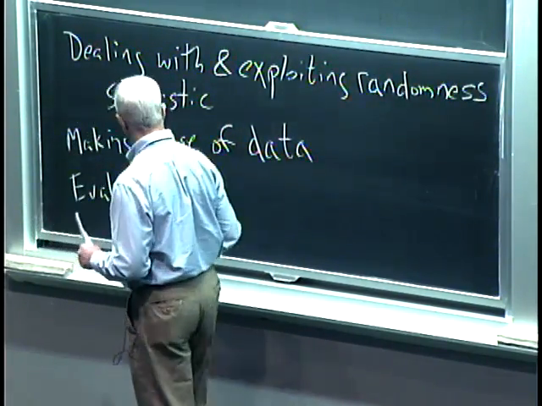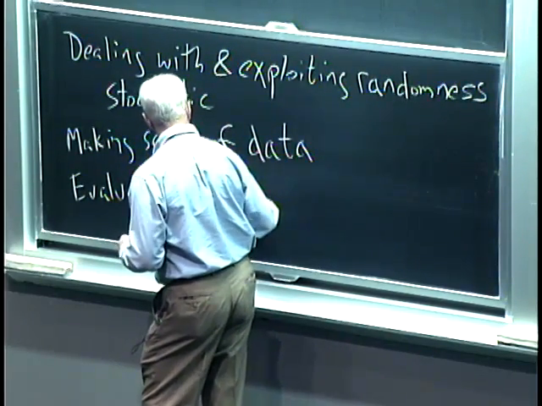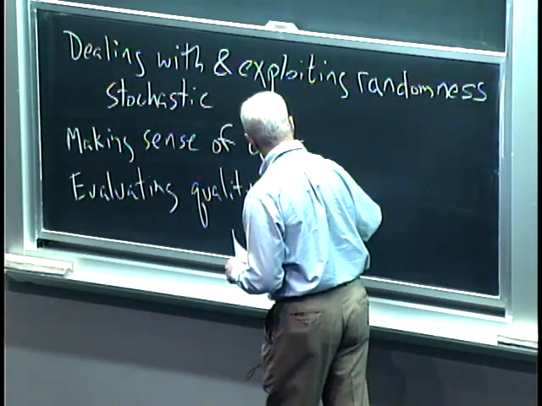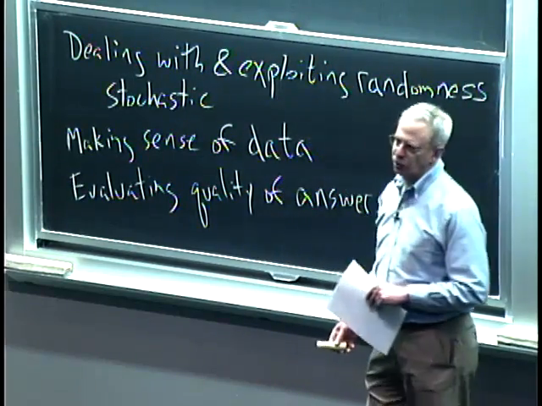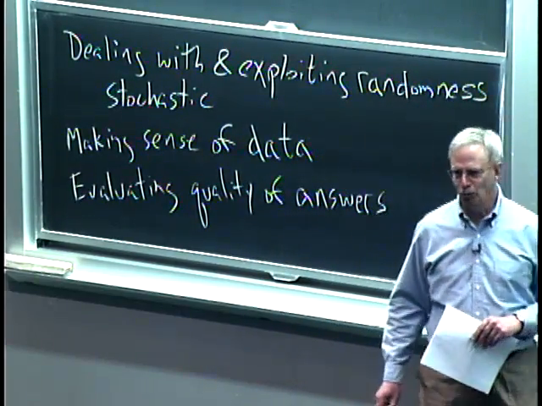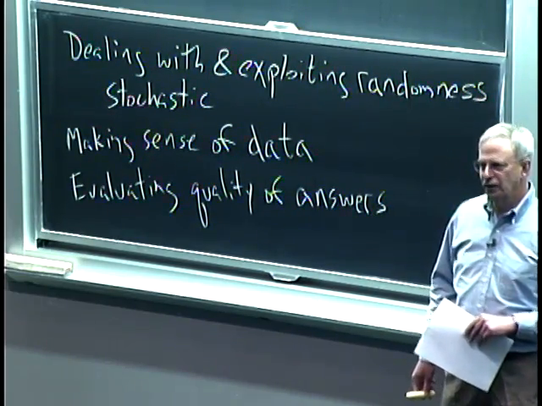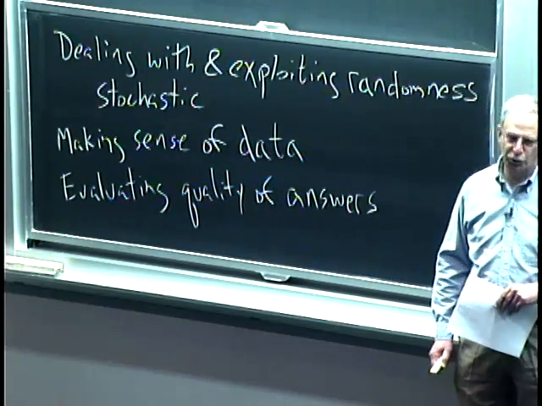I want to spend time evaluating the quality of answers. It's easy to write a program that spits out a number or a string or anything else. What's hard is to convince yourself that what it's spitting out is actually telling you the truth.